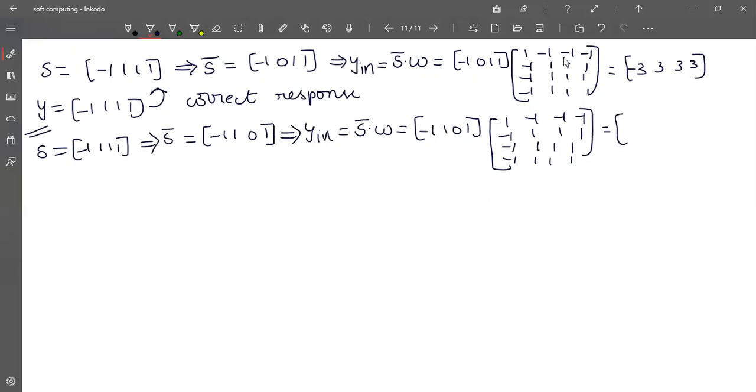If we simplify this, minus 1 minus 1 0 minus 1, so minus 3, and plus 1 1 plus 2 plus 1, 3, 3, 3. So in this also, if we apply the activation function, we obtain the correct response.